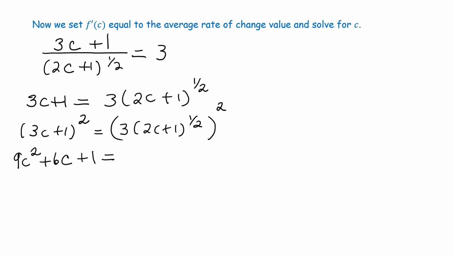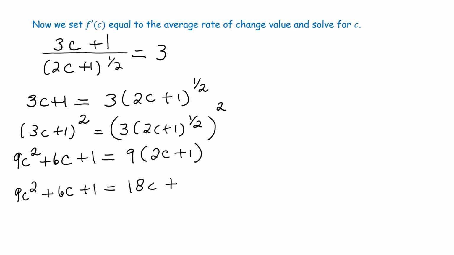On the right-hand side, 3 squared is 9, and 2c plus 1 to the power of 1/2 squared, 1/2 times 2, will just be 2c plus 1. Continuing, you've got 9c squared plus 6c plus 1 is equal to, distributing the 9 to both terms on the right-hand side, 18c plus 9.